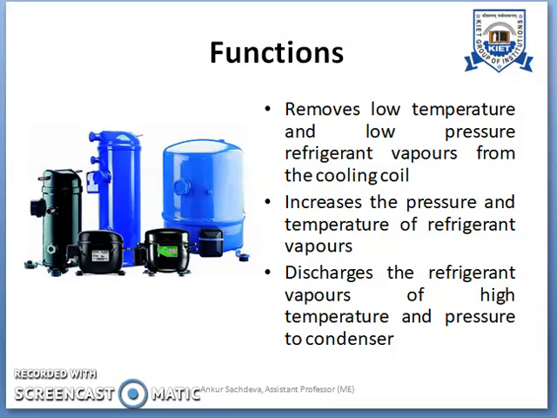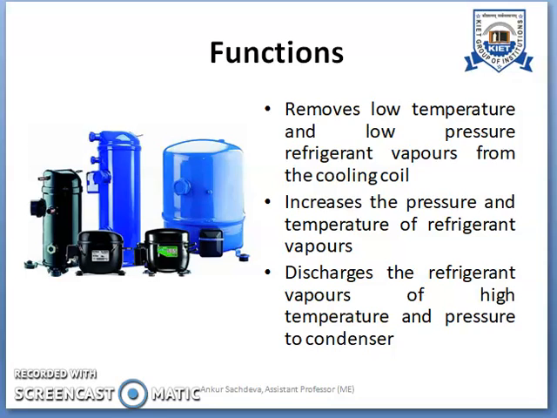Okay. So what I mean to say here is that compressor withdraws the cooled vapor which is in low temperature and low pressure condition from the evaporator, and it enters through the suction line into the compressor.